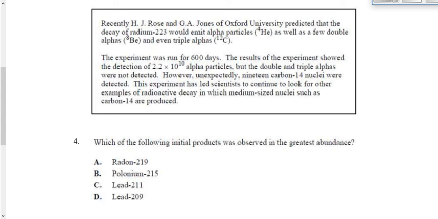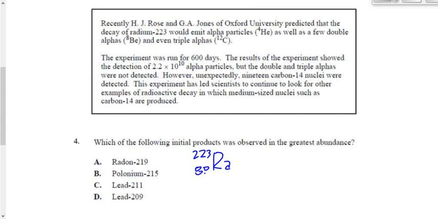We detected 10 to the 10 alpha particles, but no double or triple alphas. So in other words, we're undergoing mostly alpha decay, right? Regular alpha decay. So if we say radium-223, is radium 88 or 86? 88?